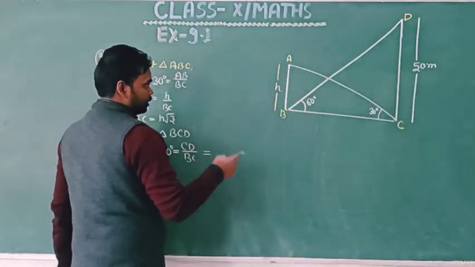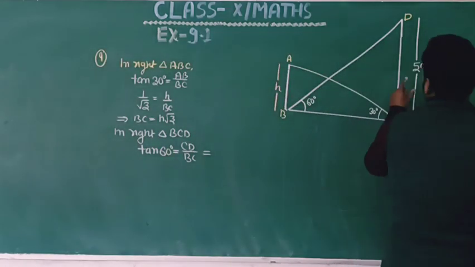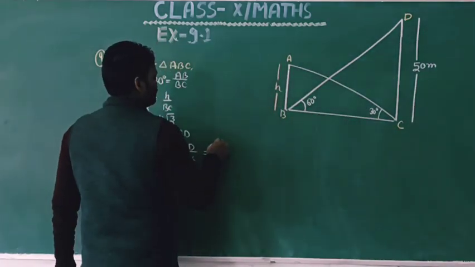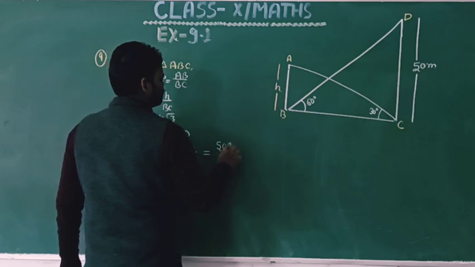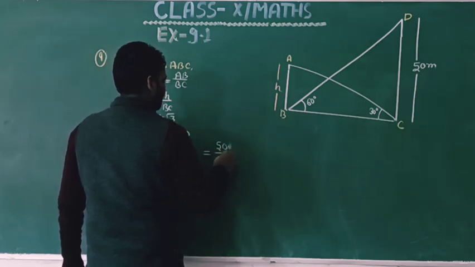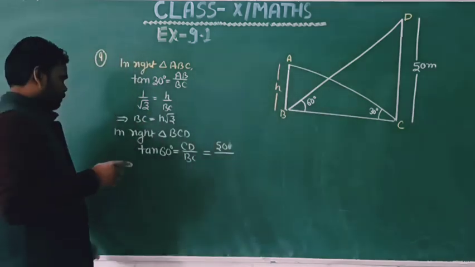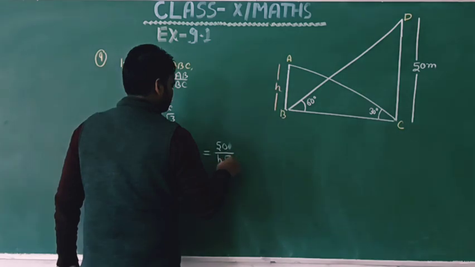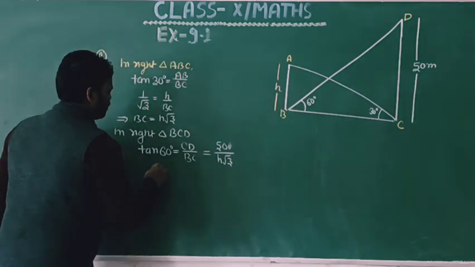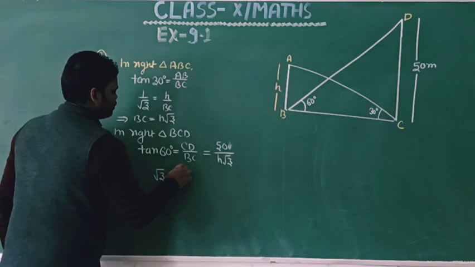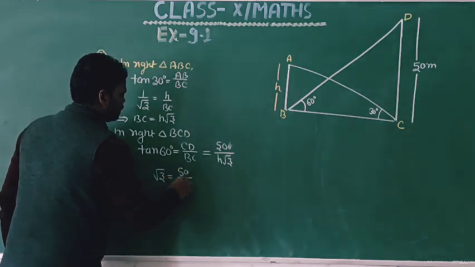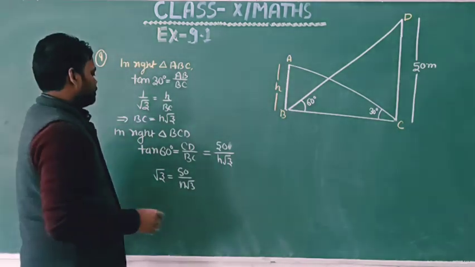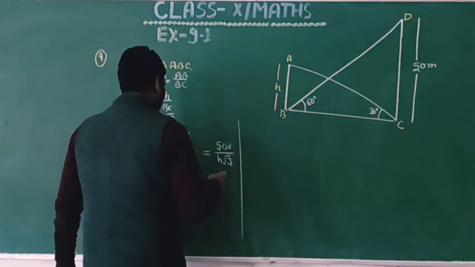The perpendicular length of triangle BCD is 50, means height of the tower 50 meter, and BC we have already found, h root 3. So the value of tan 60 is root 3 equal to 50 upon h root 3. Now cross multiply.